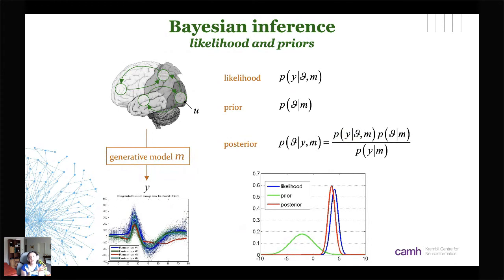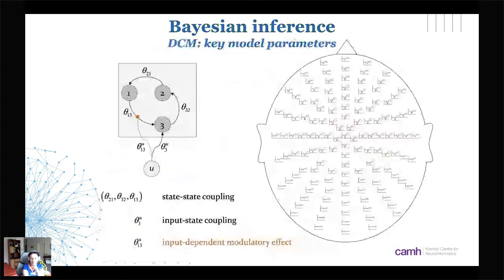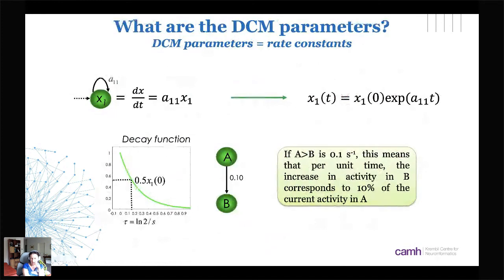We actually can include all the data that we have from a single subject in order to estimate the parameters of the DCM model. And similar to fMRI, we are interested in context-dependent changes in effective connectivity. The same assumption holds, so DCM parameters are rate constants similar to fMRI, and we can interpret them in the same way.